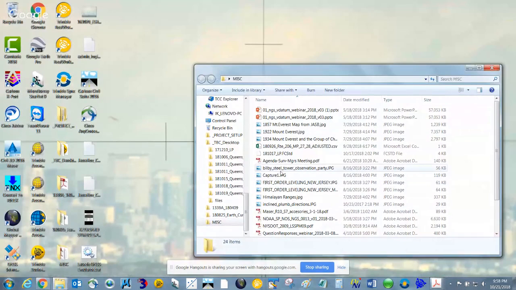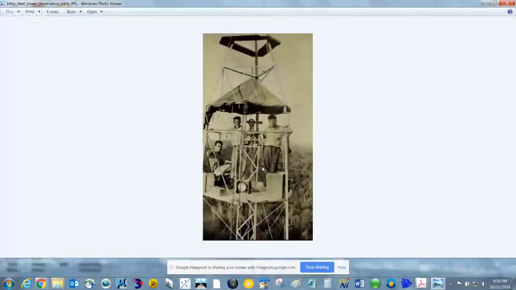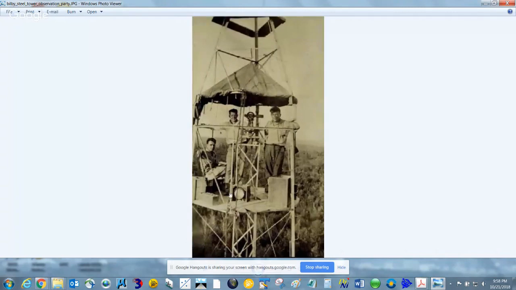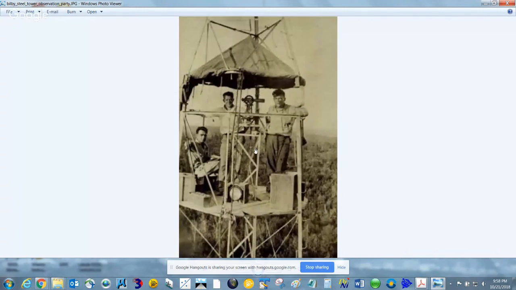Here's the Bilby steel tower. This would be in lower elevations where there are no mountains to get up onto. They would set up lots and lots of these Bilby towers, which are 100 feet in the air. So the instrument is up at 100 feet, on its own stand, so that when they're walking around, they're not disturbing the instrument.